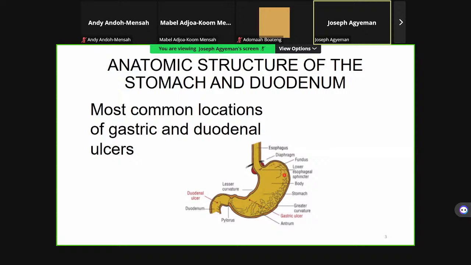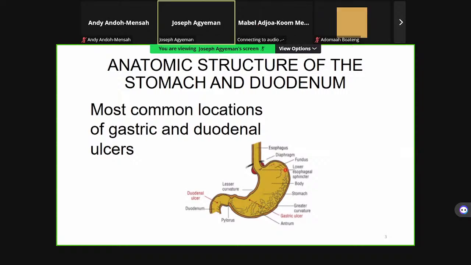So the upper part here is what we call the fundus. From the fundus, then you get to the main body, which is also called the corpus. Then, getting closer to the duodenum, we have what we call the antrum. So this area is the antrum, and the part that is very close to the duodenum is called the pylorus.